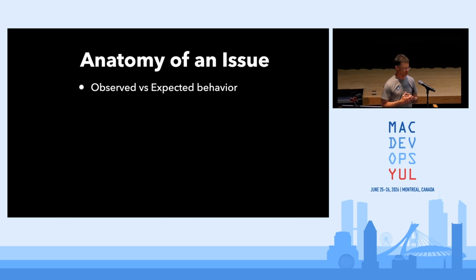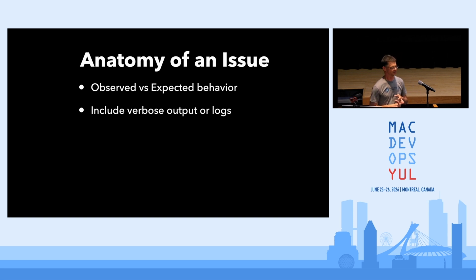Let's talk about the anatomy of an issue. You usually want to discuss your observed versus expected behavior. So: I did X and Y happened, but I thought that when I did X, Z was going to happen. If there is verbose output from the tool, or there are relevant logs for the tool, you may want to include that. You want to be sure to sanitize that so you're not making public anything you don't want out on the public internet.